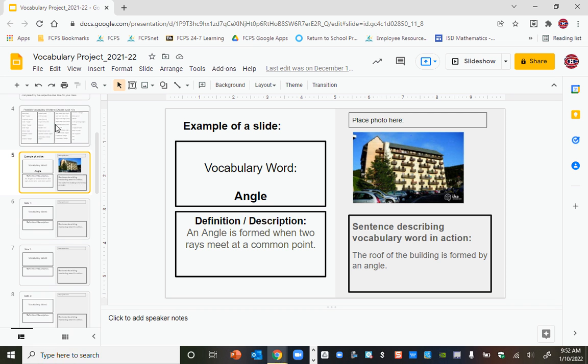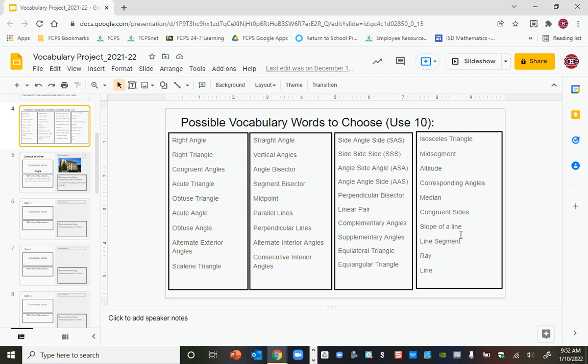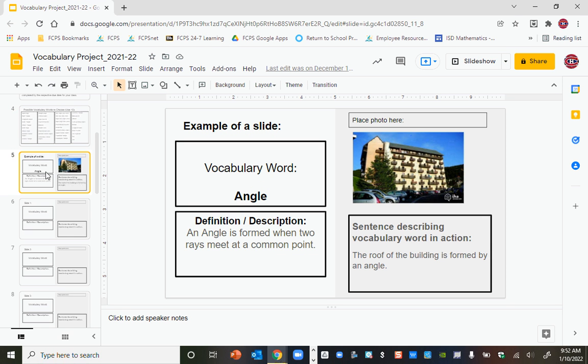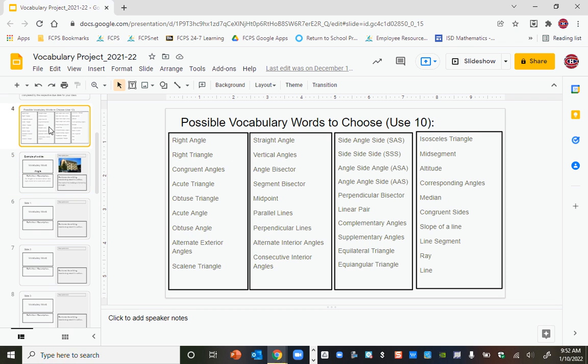Do this 10 total times to get 100% full credit. Do not use this one because that's my slide. I'm showing you what it looks like. So, again, you're going to do this for 10 different words.